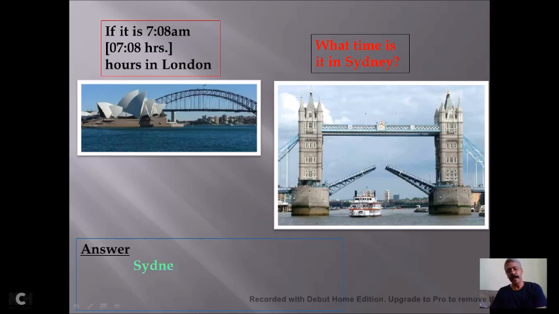You will see here Sydney equals the time in London, okay, plus 10 hours. Then between London and Sydney, it will be 10 zones. Then 7:08 plus 10 hours, it will be 17:08, meaning 5:08 p.m. Let's see another example.